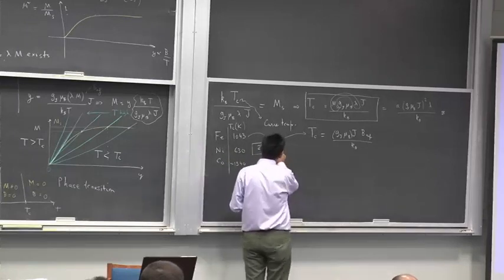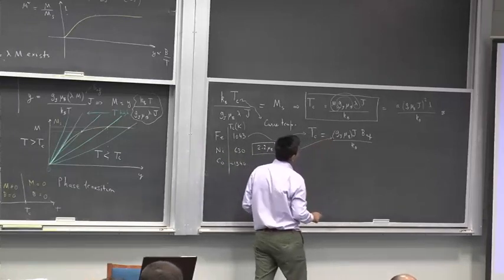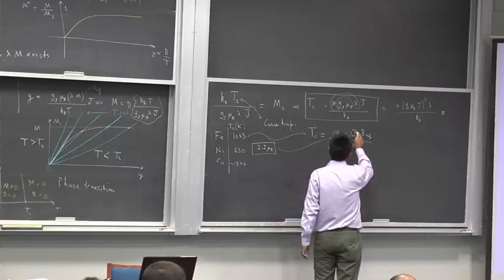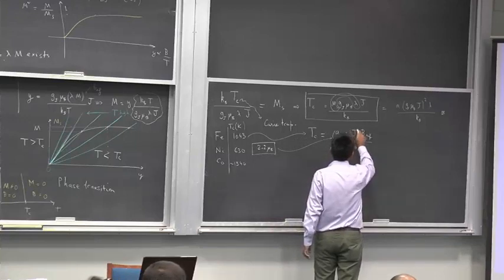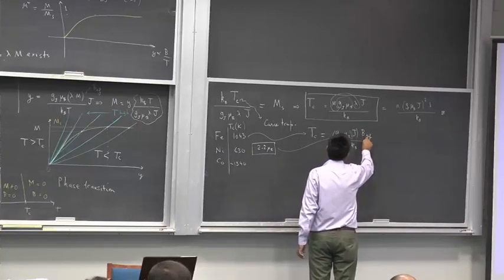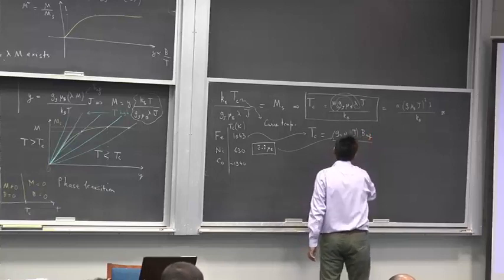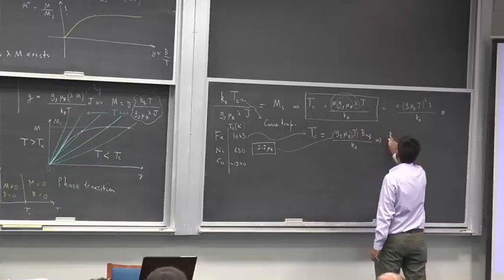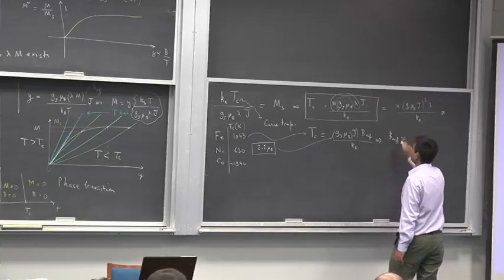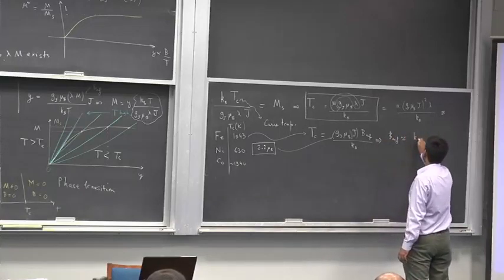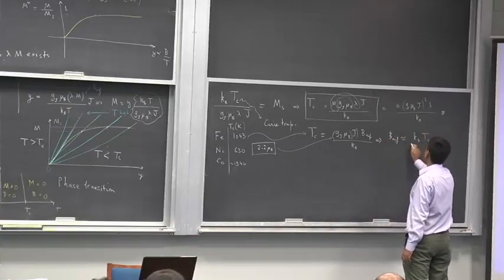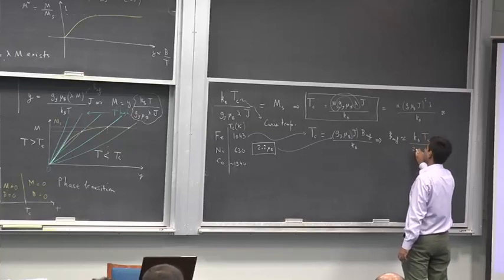So we put 2.2 mu b in place of all of this. This is something we would like to calculate, and this is Kb. So an estimate of BMF is Kb Tc divided by 2.2 mu b.